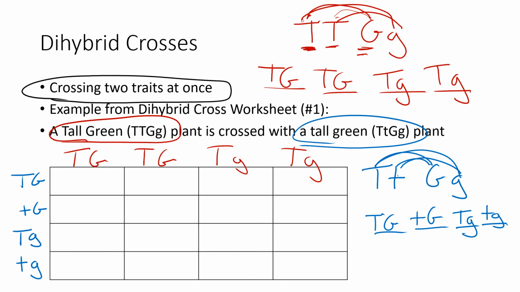So we'll start out with Mom and say, okay, Mom is going to bring a capital T to all of these boxes and a capital G to all of these boxes. Notice I'm leaving space for the dad alleles. And so we can actually do the dad alleles now. He's going to bring a capital T over and a capital G over to all of these boxes.